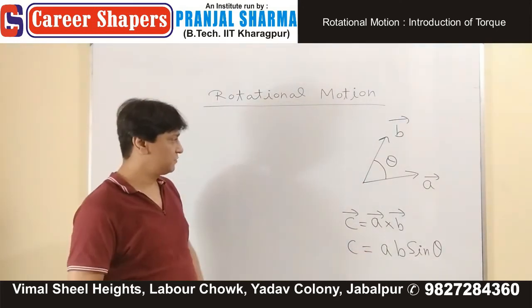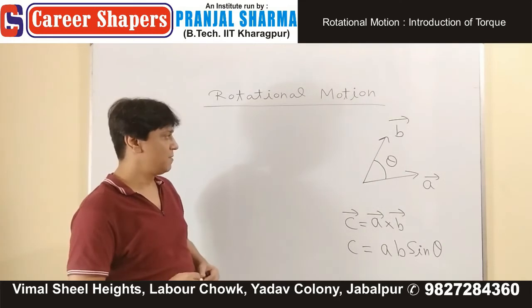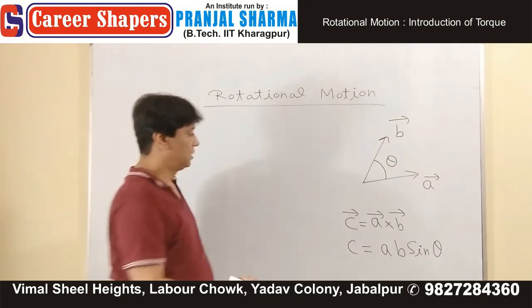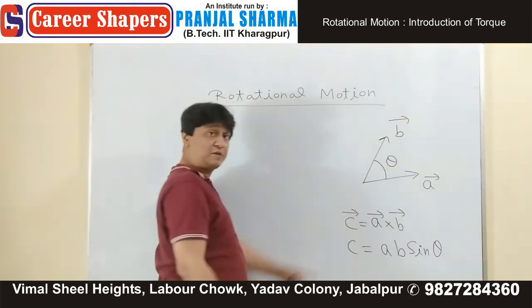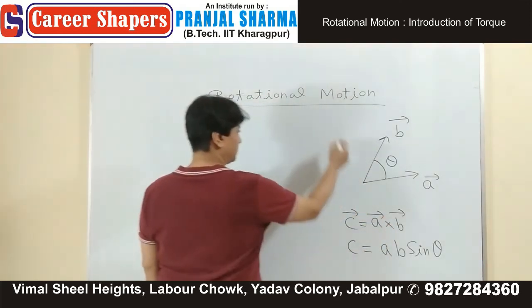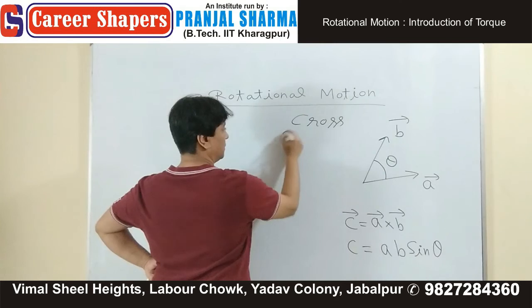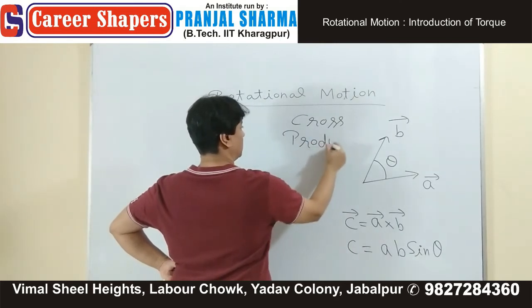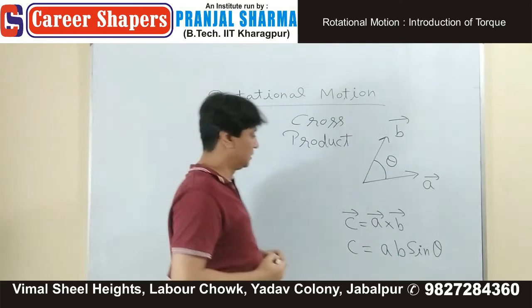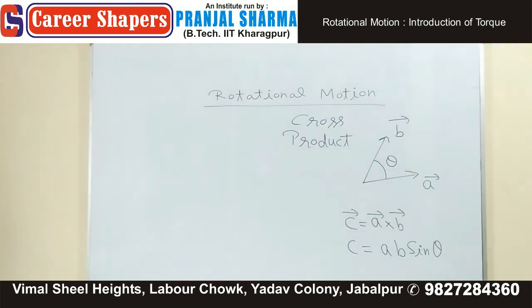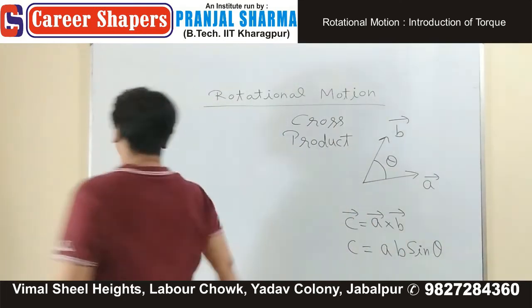Now who will give me the direction of C vector in this figure? If you know about vector cross product, then what is the direction of C vector? C means what is the direction of A cross B? What is the direction of cross product? कुछ लोगों ने सही आंसर दिया हुआ है.